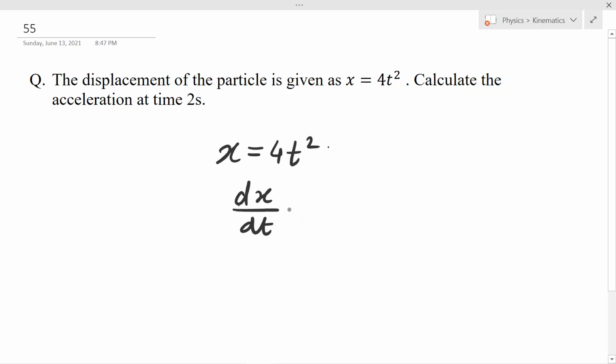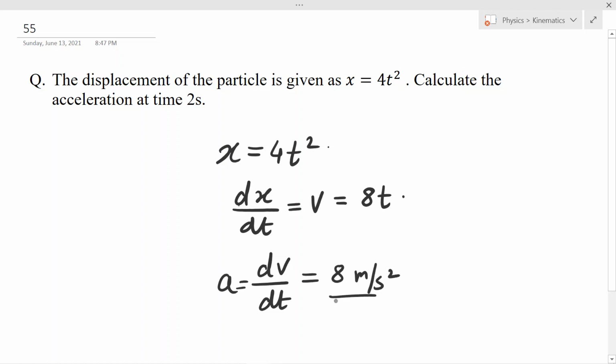So dx by dt, which is equal to velocity, is equal to 8t. Now if I again take a derivative of this, then I will get the acceleration. So what is the acceleration? It is 8. So 8 meter per second square is the acceleration, and it is constant, and hence even at t equal to 2 seconds the acceleration will be 8 meter per second square.